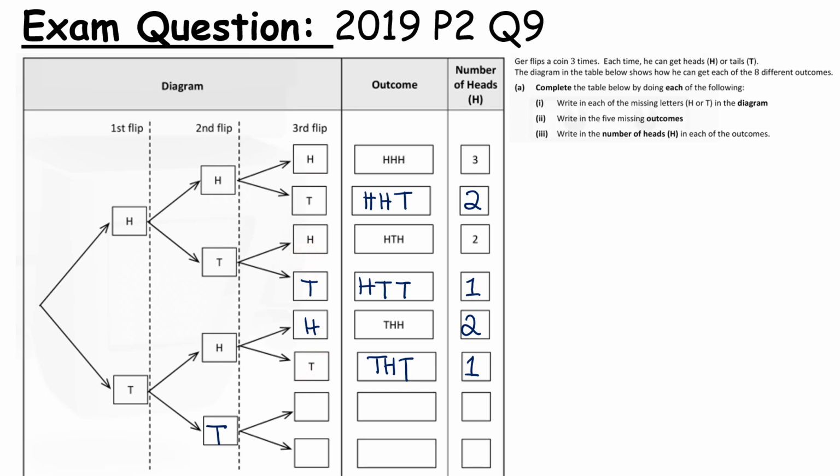Technically, the order doesn't really matter, but we'll follow through the same order. So that's heads and tails. Following these pathways, we get tails, tails, heads. So TTH, and that has one heads. And then we have TTT, which has no heads. So that's our diagram completed.